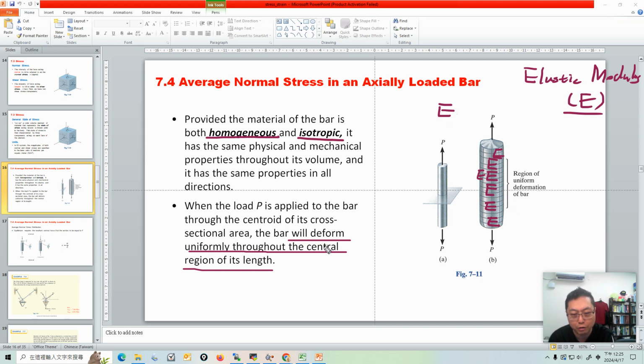That's the assumption that comes with isotropic and homogeneous material: every part experiences the same loading and deforms uniformly.